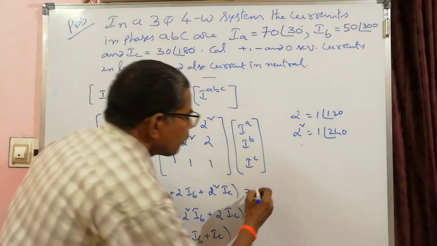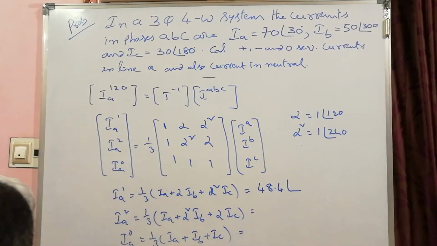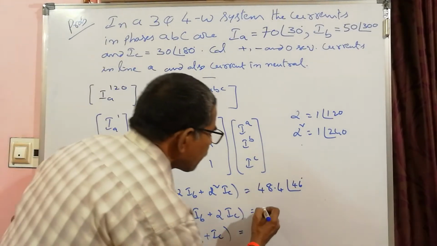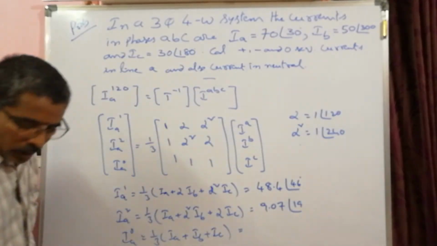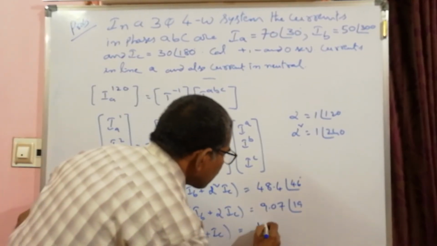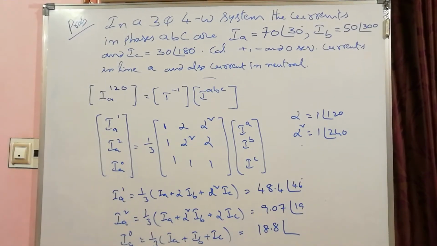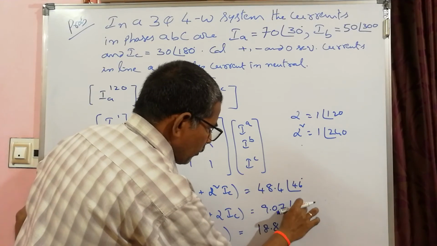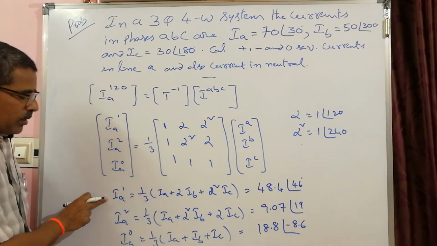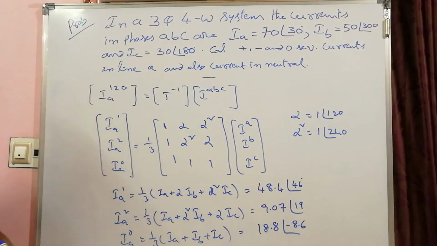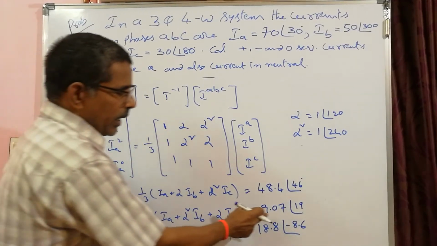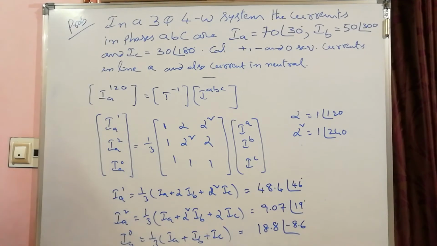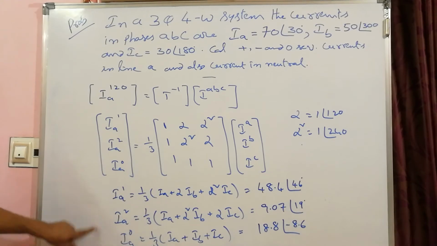IA1 is 48.4 angle 46, IA2 you will be getting 9.07 angle 19, and IA0 is 18.8 angle minus 8.6. So these are the values: the positive sequence component of line A current is 48.4 angle 46 degrees, the negative sequence component is 9.07 angle 19, and IA0 is 18.8 angle minus 8.6. These are the positive, negative and zero sequence components of phase A, line A.